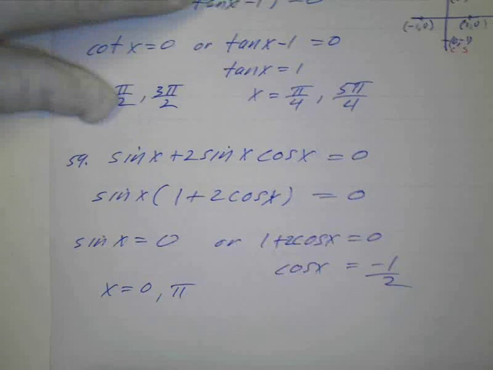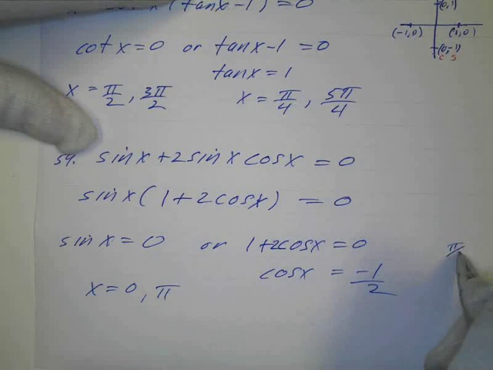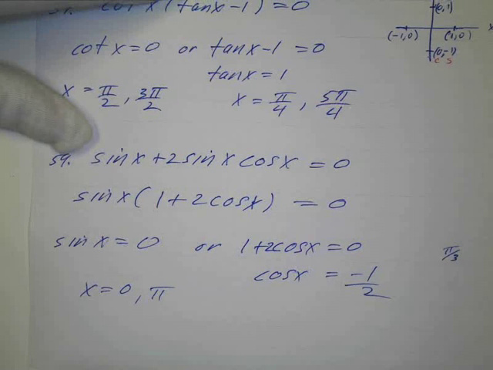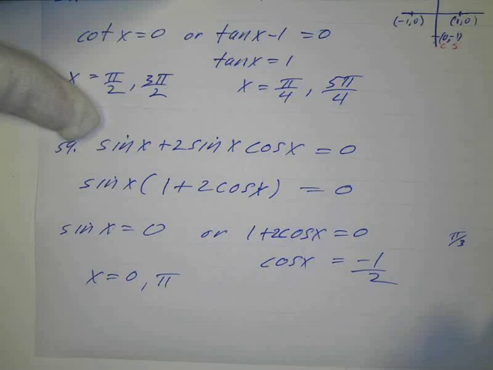Now when is the cosine equal to negative 1/2? Well, the cosine of pi over 3 is 1/2, so that's my positive angle in the first quadrant, but this is not positive, this is negative.